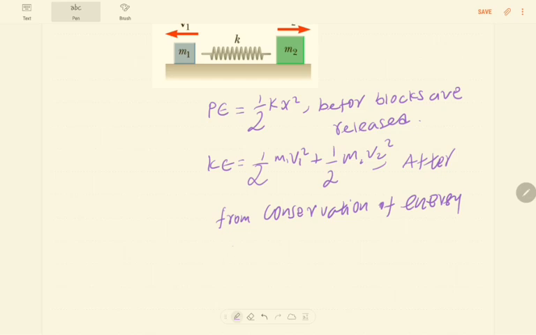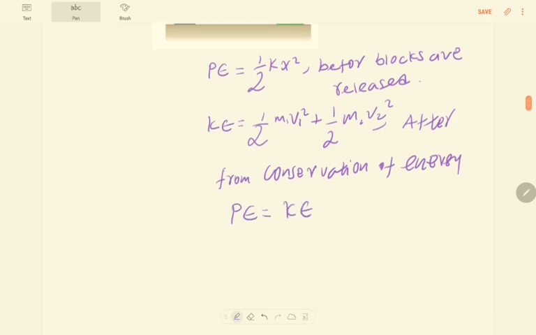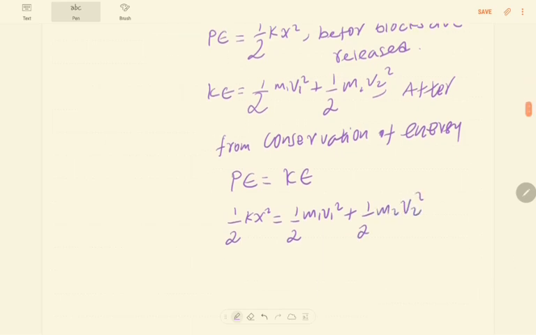By direct substitution we find that half of k x squared equals half of m1 v1 squared plus half of m2 v2 squared. Now we have found one relation.